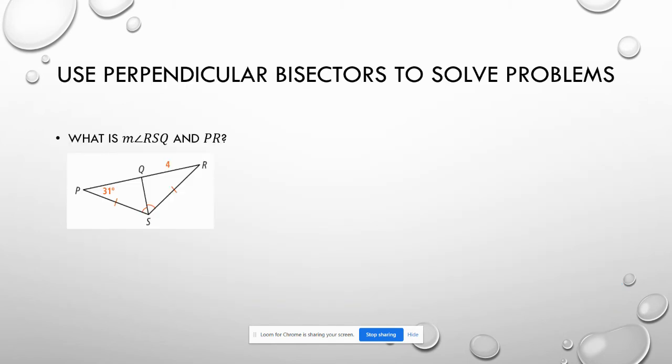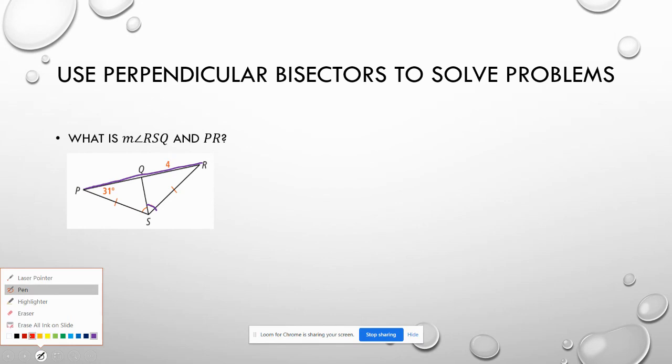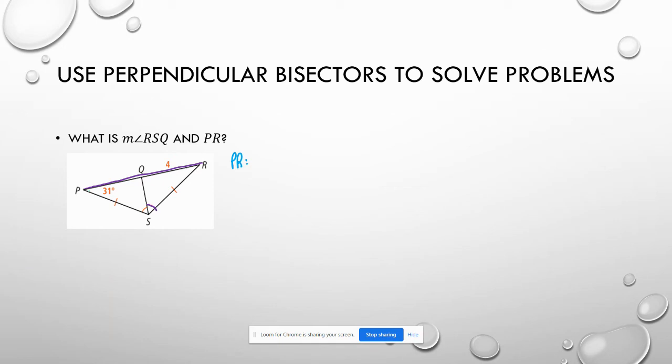So let's put this into practice. We've got one last problem for today. We want to find the measure of angle RSQ, and then we want to find the length of the side PR. Let's start with the length of the side PR. We know right here we have an isosceles triangle because this side is congruent to this side.